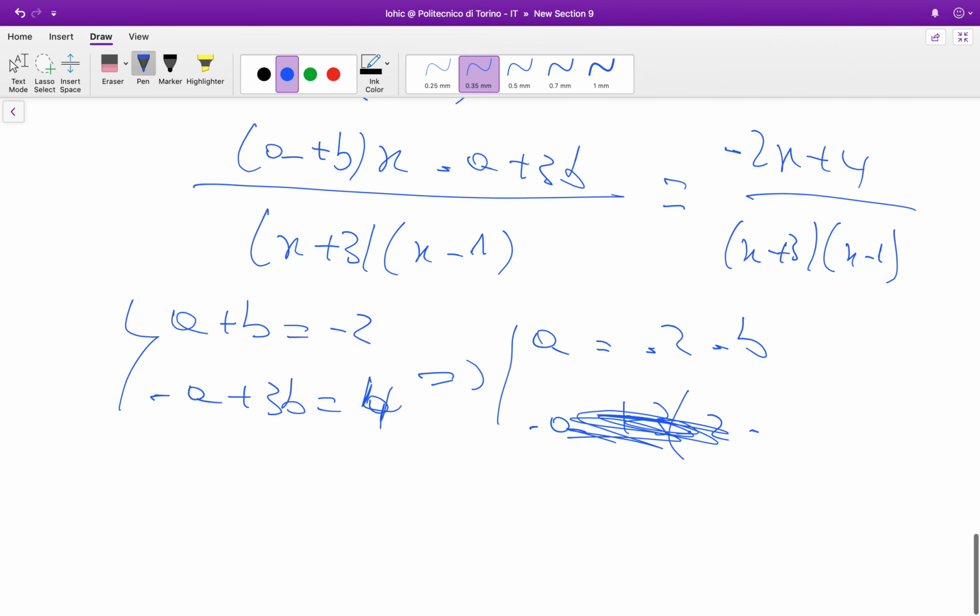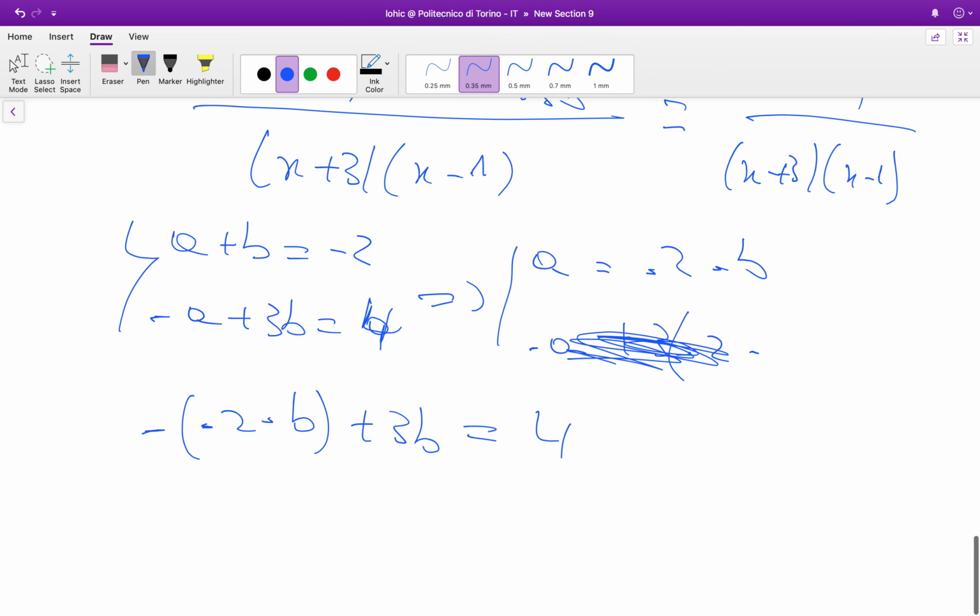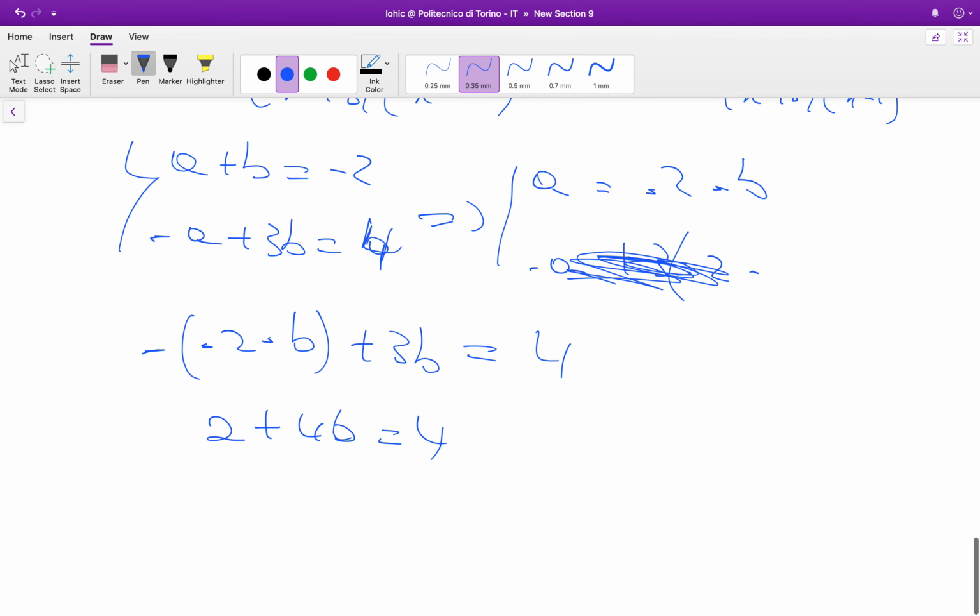So putting it in the second equation, a becomes minus 2 minus b, so minus a plus 3b equal to 4 gives 2 plus b plus 3b, which is 2 plus 4b equal 4. Okay, this is equivalent to 4b equal to 2, so b is equal to half.